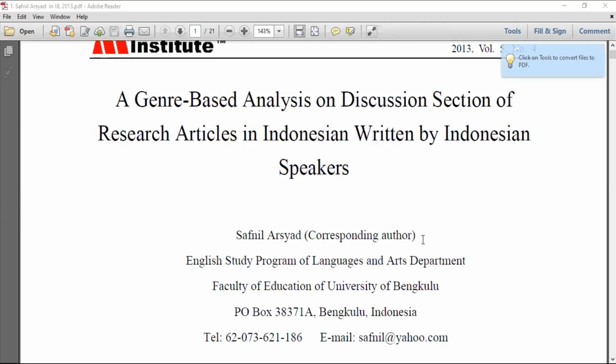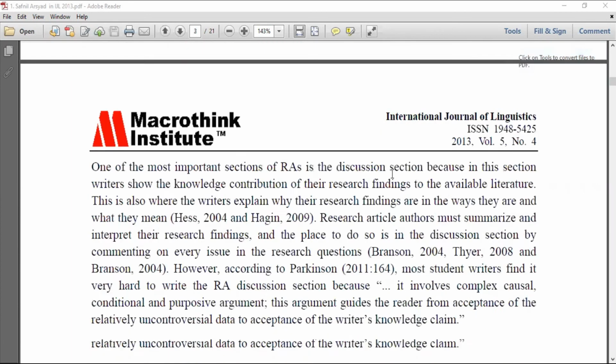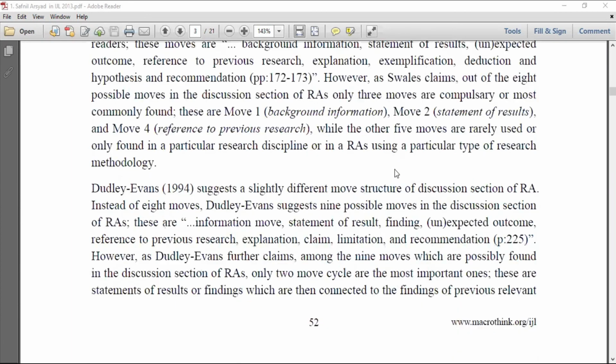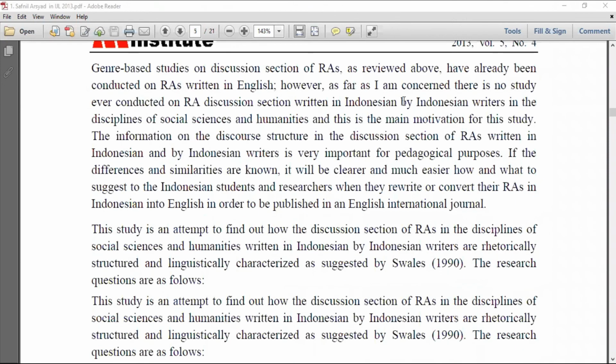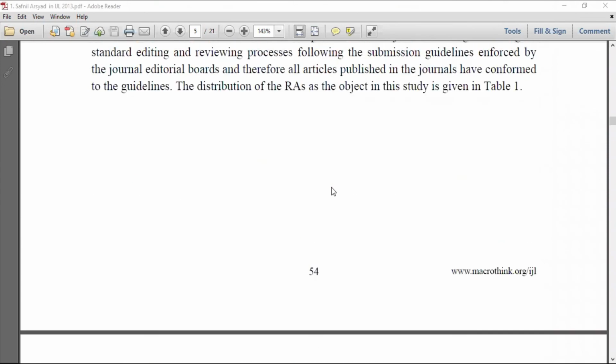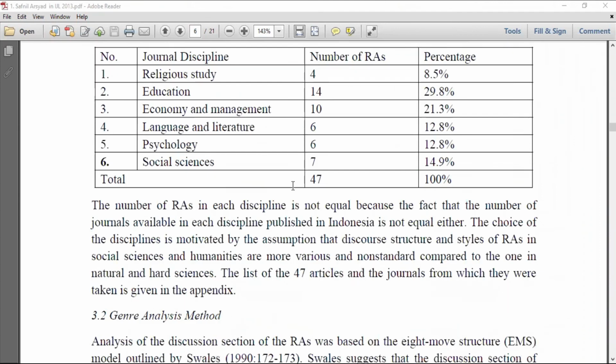Okay, so this is a genre-based analysis on the discussion section of research articles in Indonesian written by Indonesian speakers. So first, find a model. What is the model? This is the sources. You don't have to write this because you only analyze one.